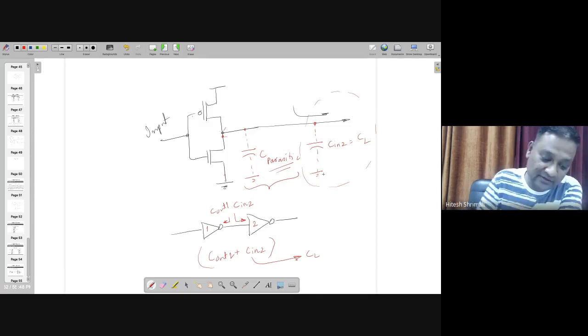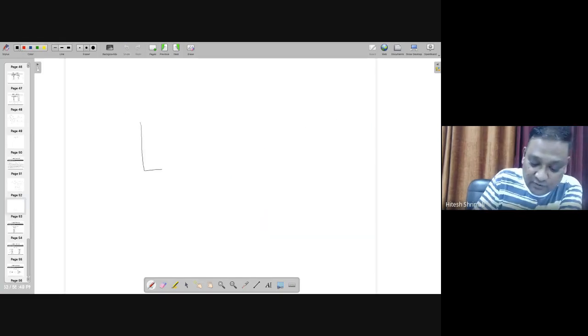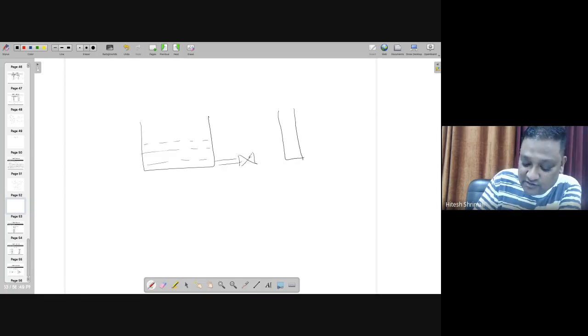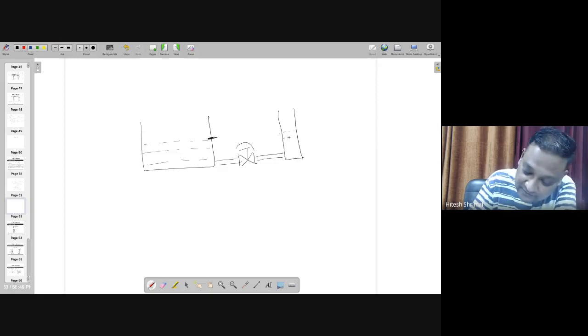Suppose there is a bigger tank of capacitor and a smaller tank of capacitor, and I want to transfer the logic from here to here. When you have the smaller capacitance, it's possible that the potential or height will change a little bit, but because of the noise margin, you will be saved.